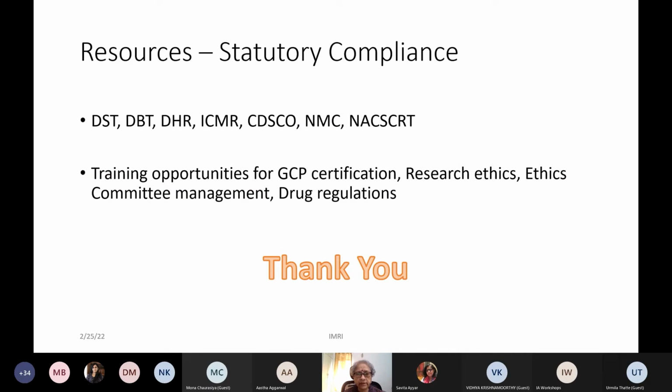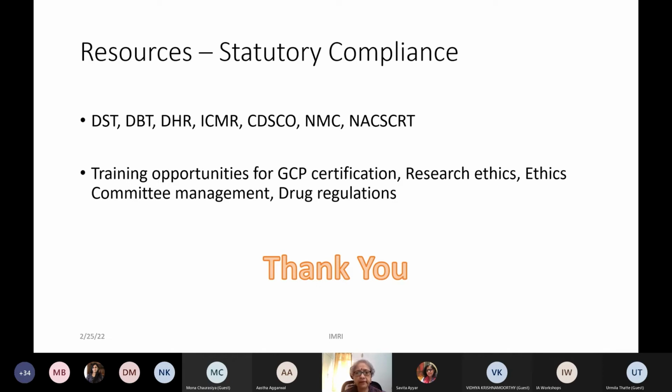So the resources you can find from the websites of these main agencies: DST, DBT, DHR, ICMR, CDSCO, NMC, NAC, SCRT. Of course, DSIR also comes into the picture. And there are training opportunities that I have noted down here, which are the national ones.